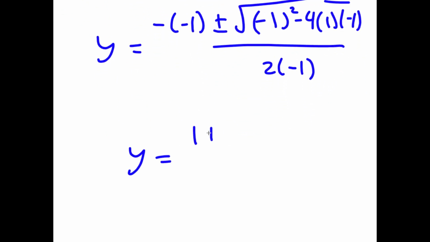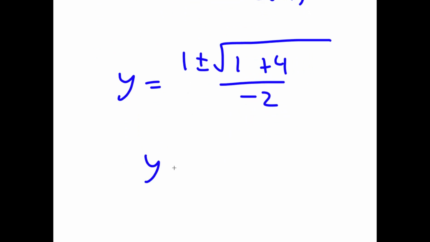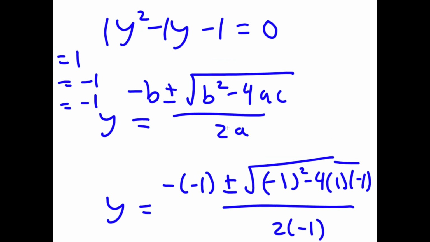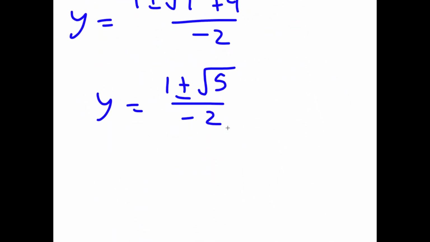And this is equal to 1 plus or minus the square root of 1 plus 4 over 2, which is equal to 1 plus or minus the square root of 5 over 2. I'm sorry, the denominator will actually be just a regular 2.